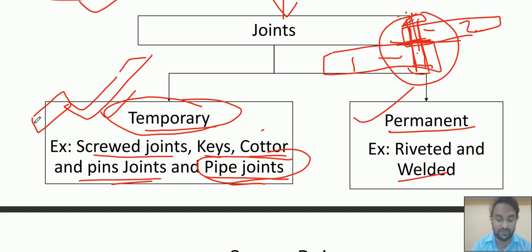But for permanent joints, we need more time and more force. That's why it is called temporary: we can quickly and easily disassemble the parts.